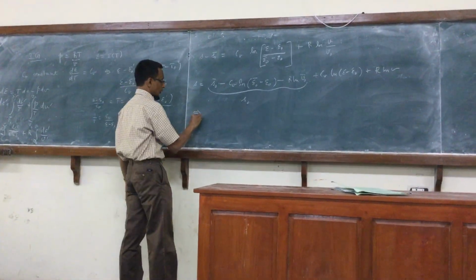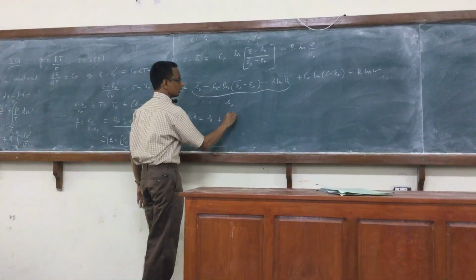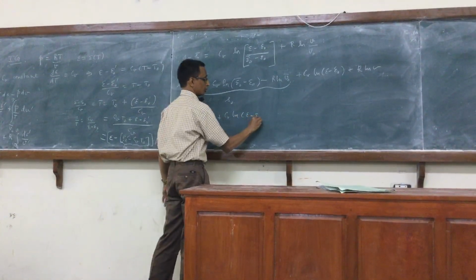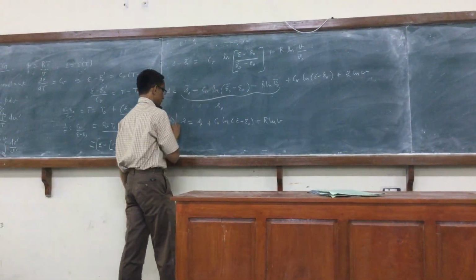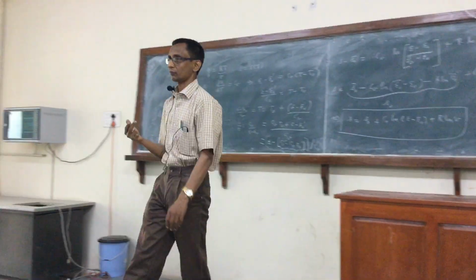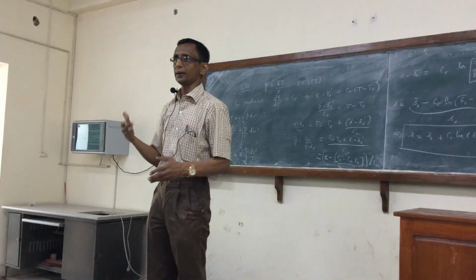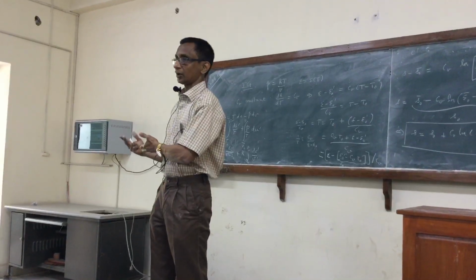So I can write this in a compact way as S equal to S naught plus Cv logarithm of epsilon plus R logarithm of V. This is also a fundamental equation, but now with S expressed in terms of epsilon and V. But Gibbs said any relation between epsilon, S and V will count as a fundamental equation.